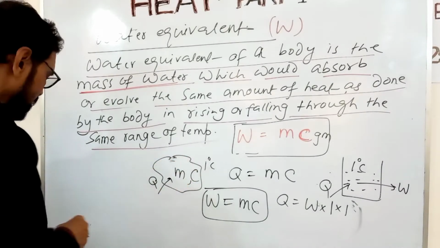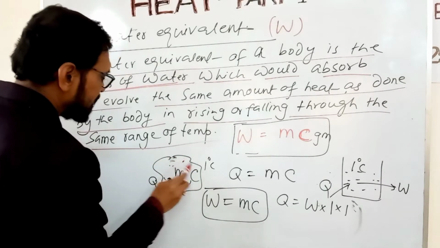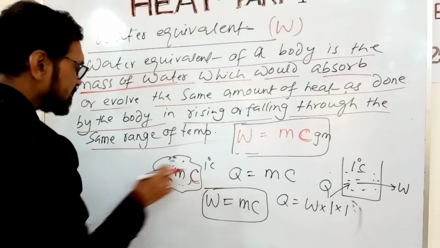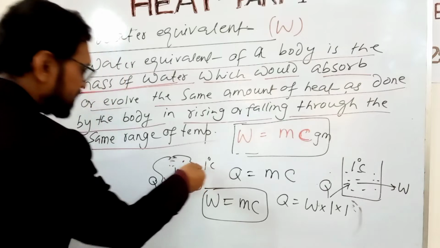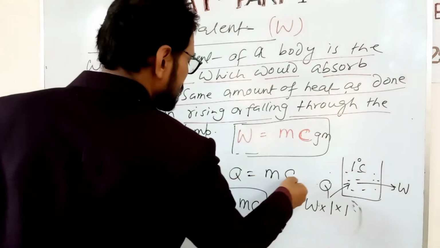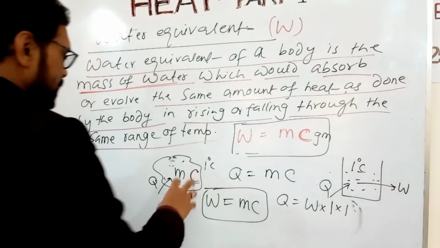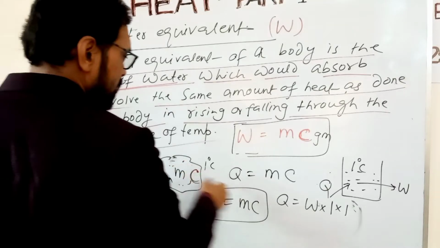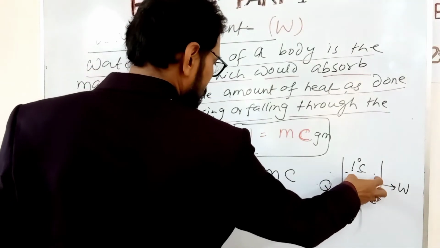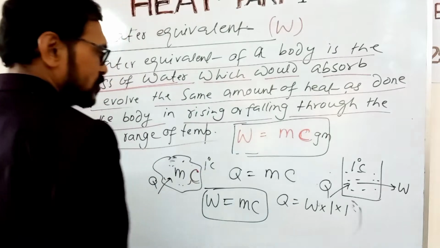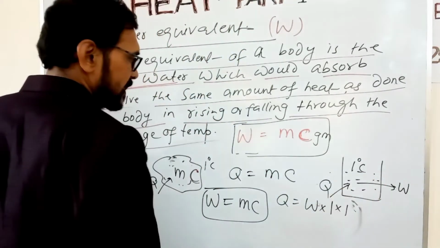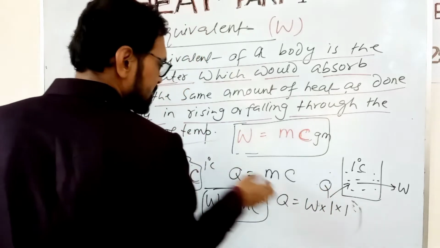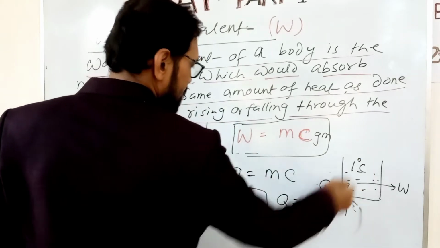Suppose we take any body, the mass of this body is m and its thermal capacity or heat capacity is c. Now Q amount of heat is supplied so that the temperature rises by 1 degree centigrade. Now what is Q? Q equals mass into specific heat. Now if the water equivalent of this body is W gram, suppose W is the amount of water in gram, and the same amount of heat is supplied so that the temperature rises 1 degree centigrade.